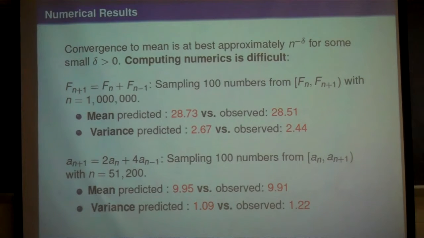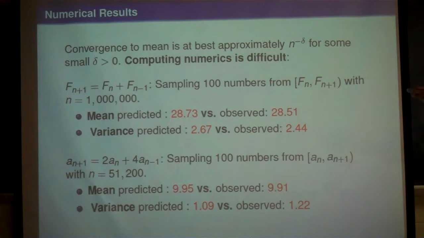For the Fibonacci numbers, if we sample 100 numbers from F_n to F_{n+1} with n equals 1,000,000, we predicted 28.73 for the mean and observed 28.51, and 26.7 versus 22.44 for the variance.